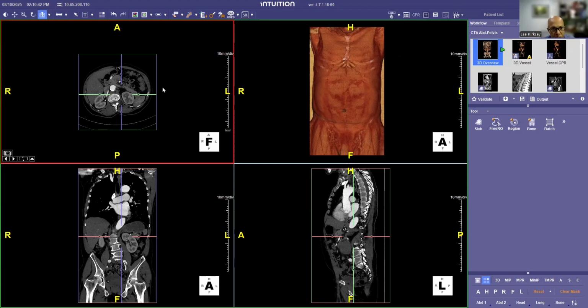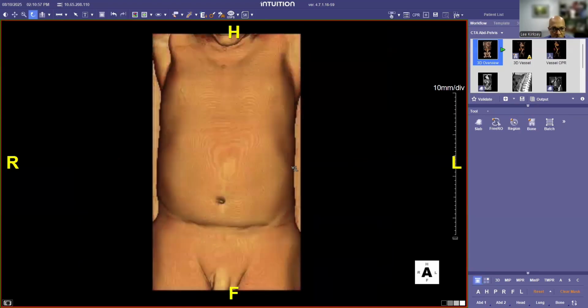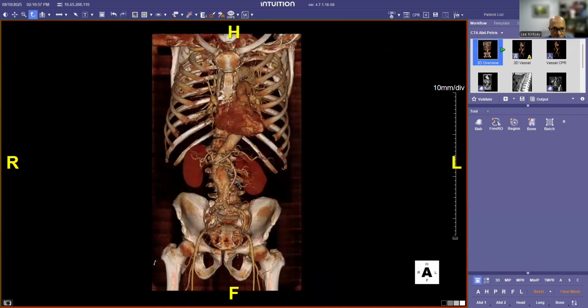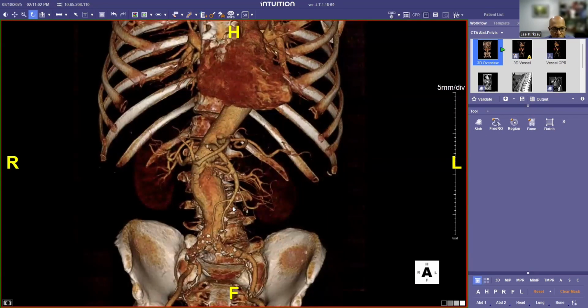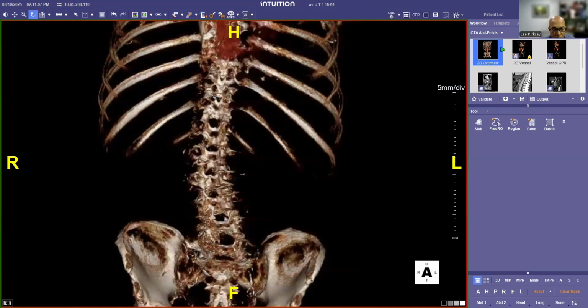And here we see some of the software that is used for evaluating thoracic and abdominal aortic aneurysms. This is a 3D CAT scan reconstruction, patient with skin on, with skin off. In this case, the patient has an abdominal aortic aneurysm that we can see here at the mid-lower abdomen.